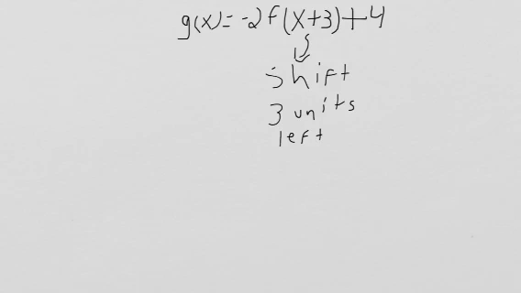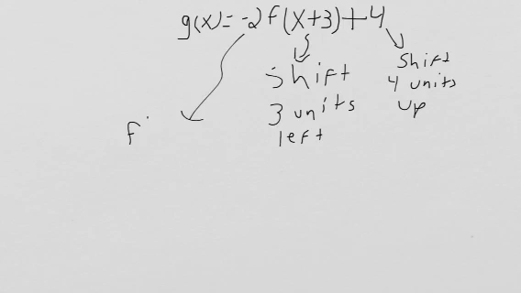And then if we look at the plus 4, it's going to shift 4 units up. And then the -2 is going to flip it vertically. All the outputs are going to be multiplied by a negative, which is going to flip the graph vertically. And then it's going to become 2 times steeper.